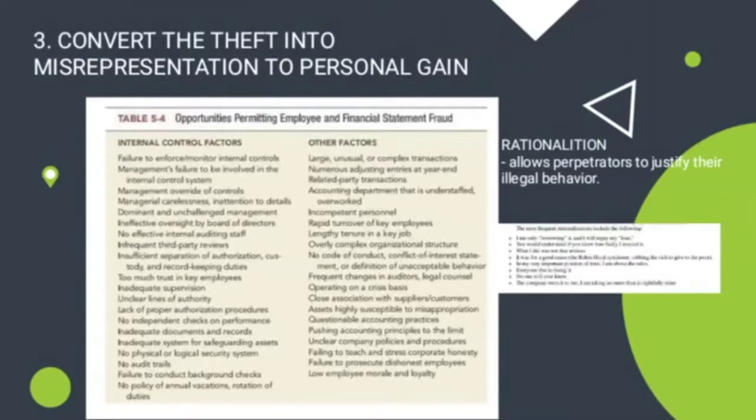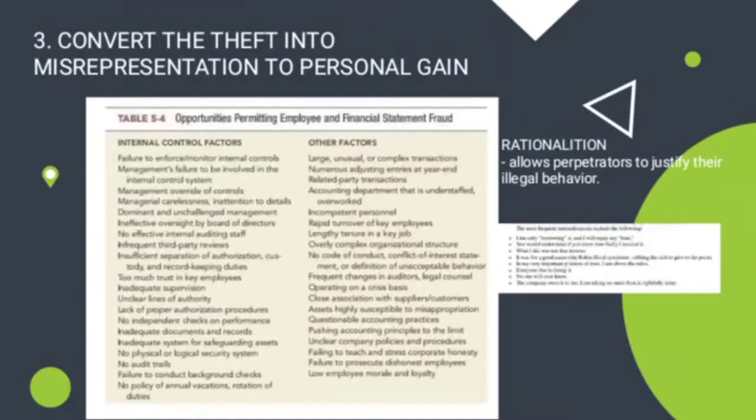So as you can see, Table 5-4, opportunities permitting employee and financial statement fraud. It is the least frequently mentioned opportunities. Many opportunities are the result of a deficient system of internal control, such as deficiencies in proper segregation of duties, authorization procedures, clear lines of authority, proper supervision, adequate documents and records, safeguarding assets, or independent checks on performance.